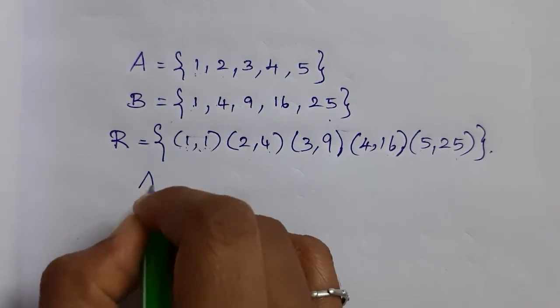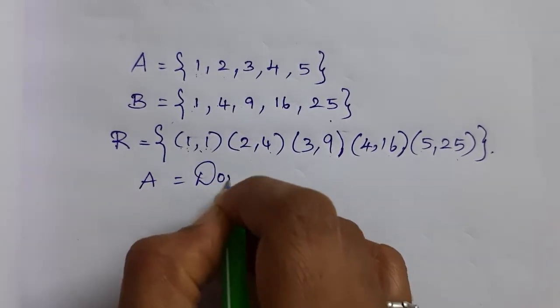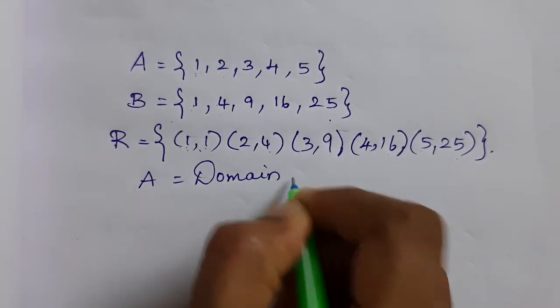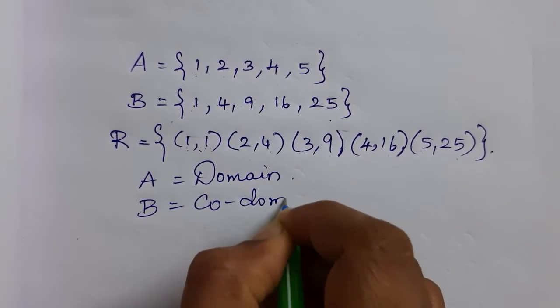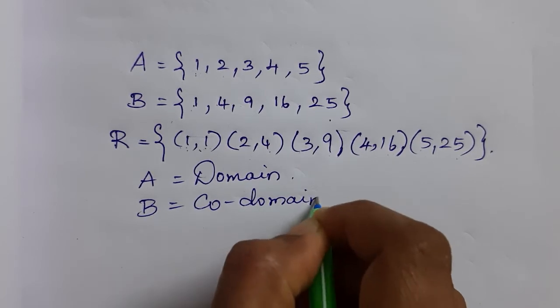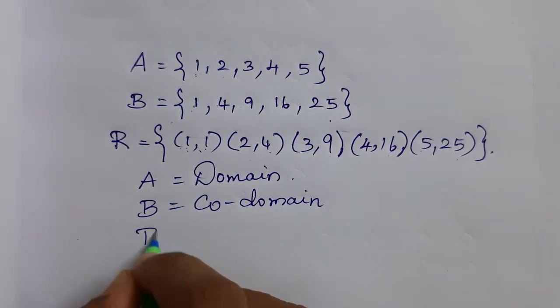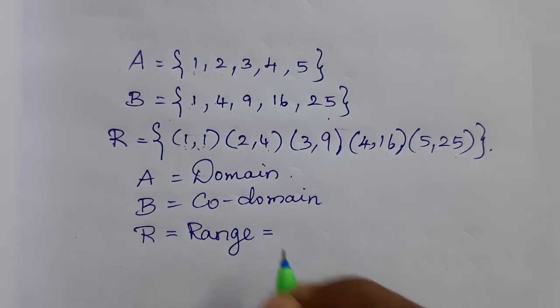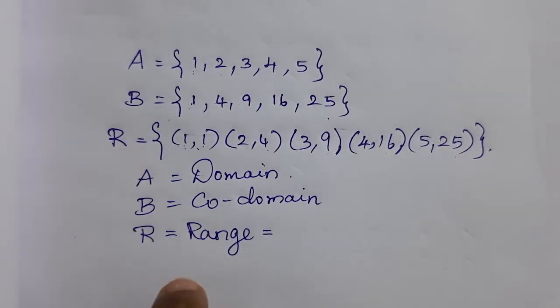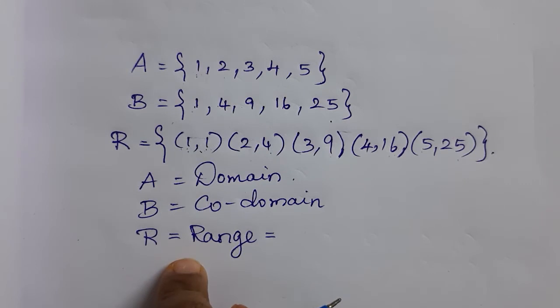So A is called the domain, set B is called the codomain, and R is nothing but range. Don't confuse between relation and range, both of which we denote as R. Hereafter we'll write it as range itself.